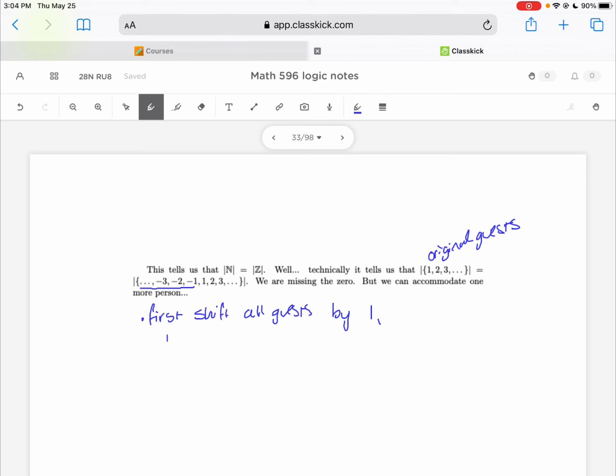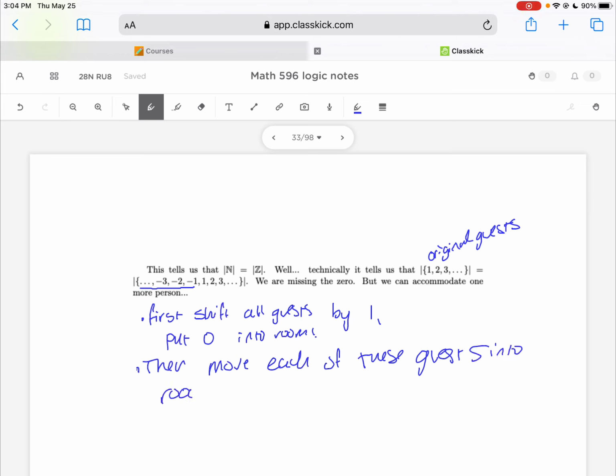Then put 0 into room 1, which is now open, and then move each of these guests into room 2N based on where they currently are. Whatever room N you are currently in, move to room 2N, and now we still have space for guests -1, -2, -3, and so on.